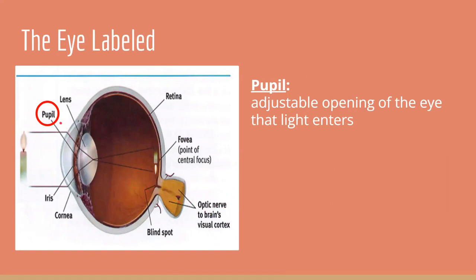It can also get bigger if you see something that you're interested in or afraid of. Maybe if you're watching a horror movie, you probably have bigger pupils because you don't know what's going to happen.